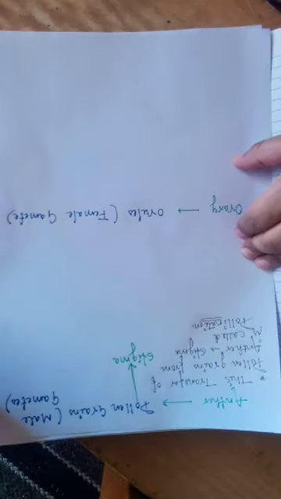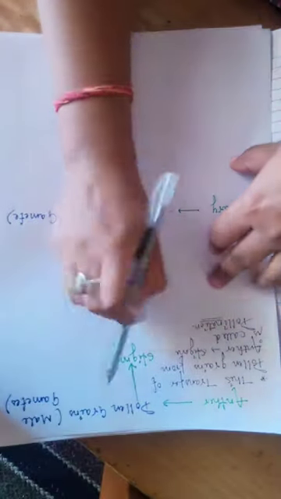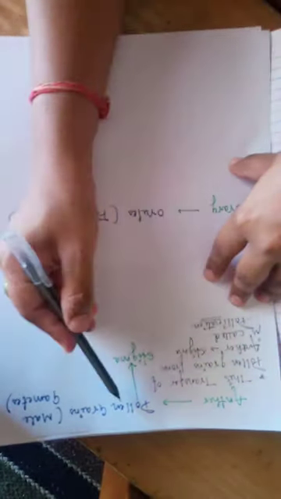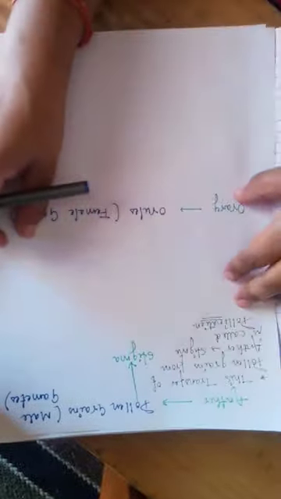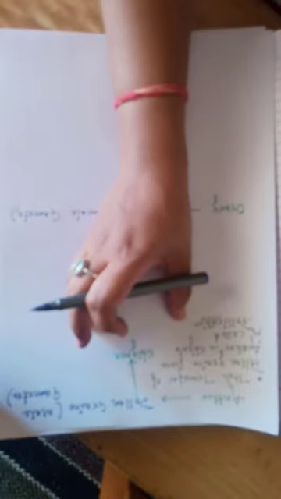So now when these pollen grains transfer from the anther to the stigma, as we know the stigma is sticky, the pollen grains get trapped or stuck to the stigma.